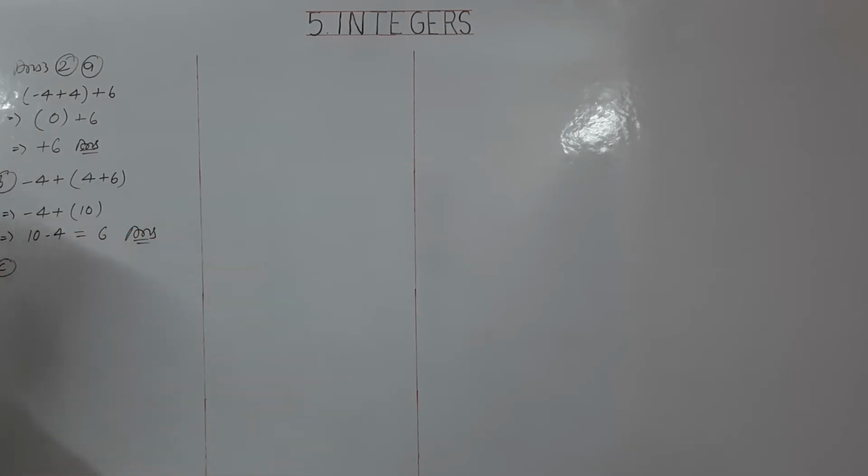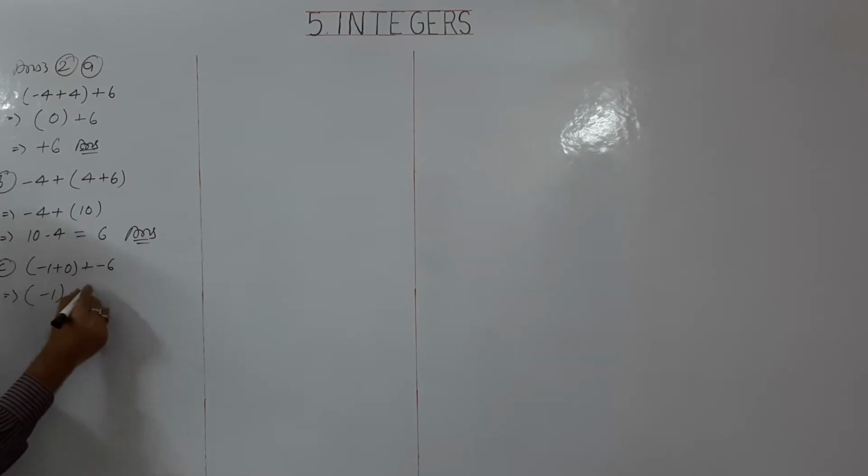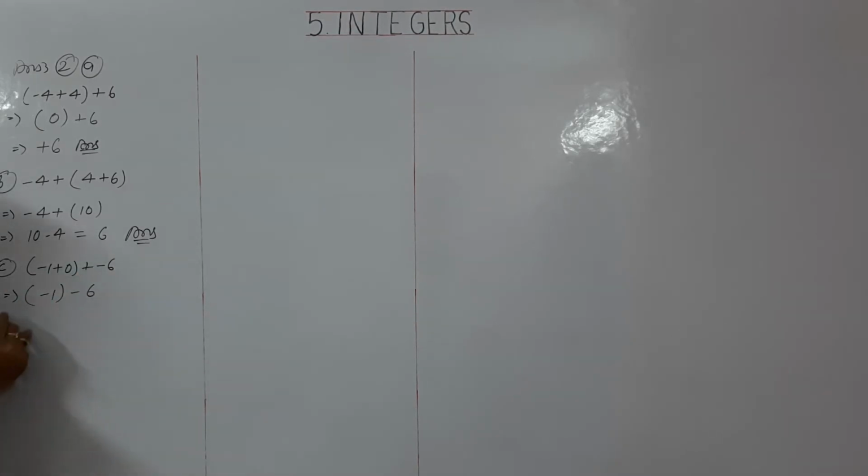Part C: minus 1 plus 0 plus minus 6. So in the next step, minus 1 plus 0 is minus 1, plus minus 6 is minus 7. So the answer is minus 7.